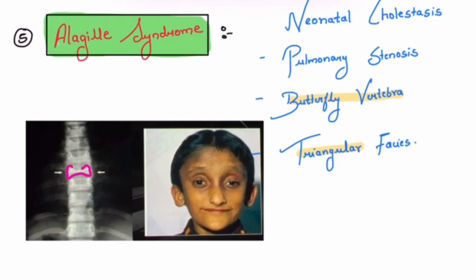This is butterfly vertebra. It is very easy to understand. And the face you can see is kind of triangle like, so it is known as triangular facies. And also you can see pulmonary stenosis. So this is Alagille syndrome.